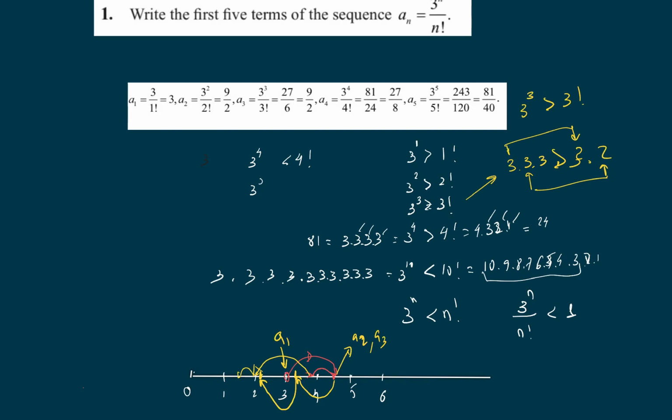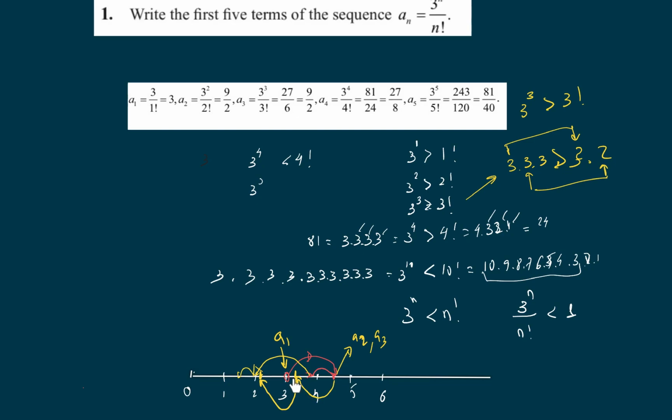So if we write the first terms, we see the 3 starts here at the red points. Now the next point is 9/2. It will jump to 9/2, A2. A3 will stay here at 9/2. Now A4 will go to almost 3 point something.